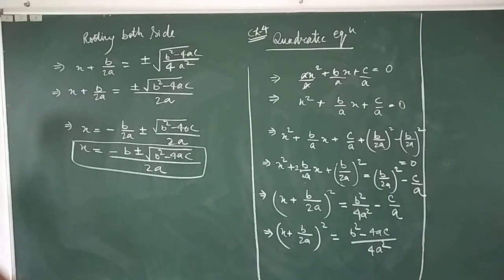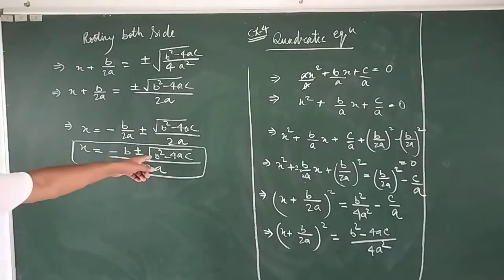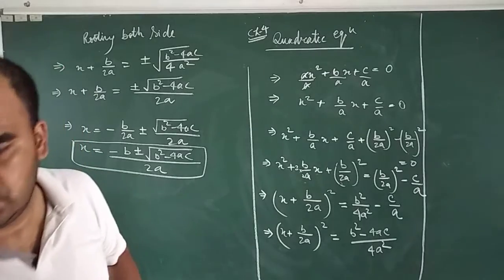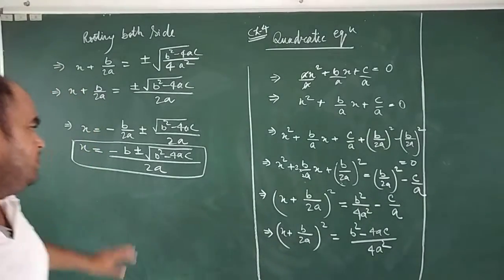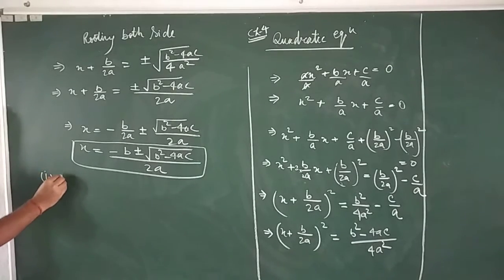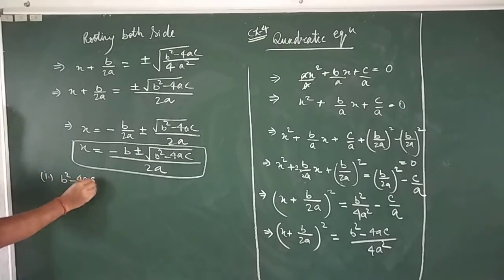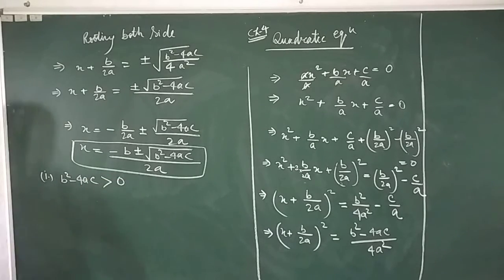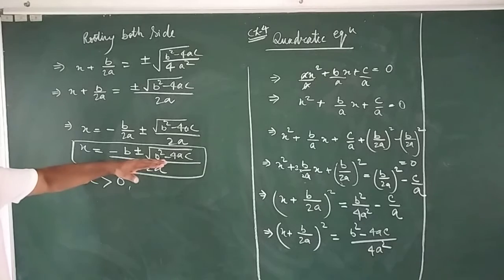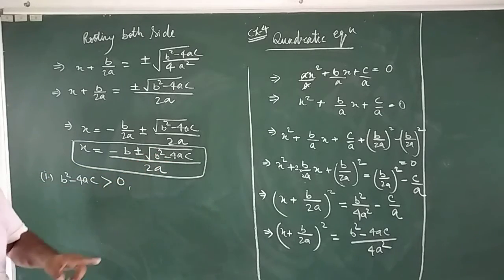Now in this quadratic formula, the value of b square minus 4ac will decide the nature of roots. See, for the nature of roots, there are three conditions. The first condition is b square minus 4ac greater than 0. If b square minus 4ac is greater than 0, you will get a real value because under the root you will get a positive value.